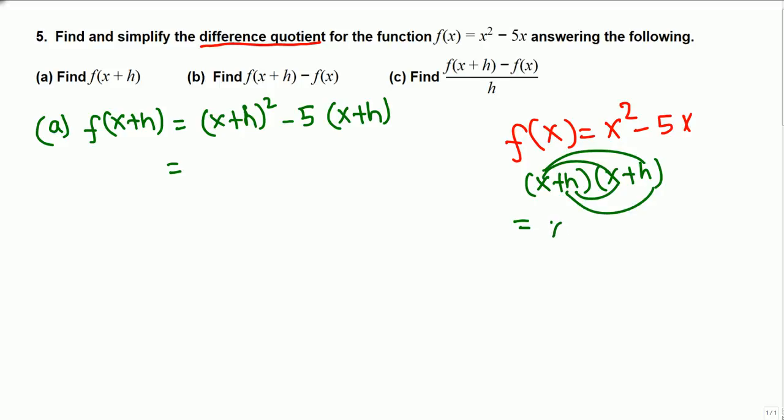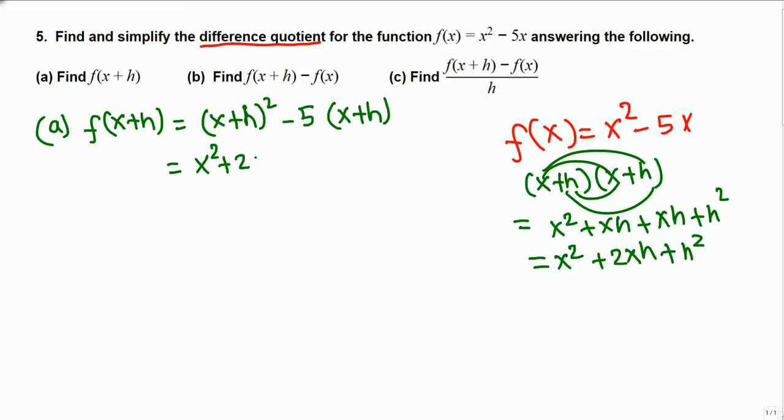So x squared, x times h plus x times h, how many? 2xh, plus h squared. So this is in fact x squared plus 2xh plus h squared minus 5 times this quantity. So we want to distribute negative 5: negative 5x, negative 5h.